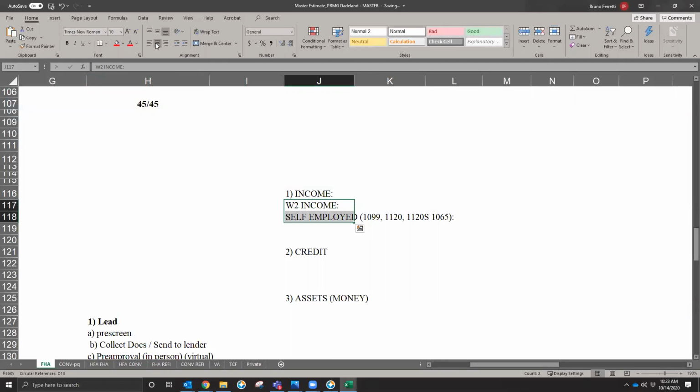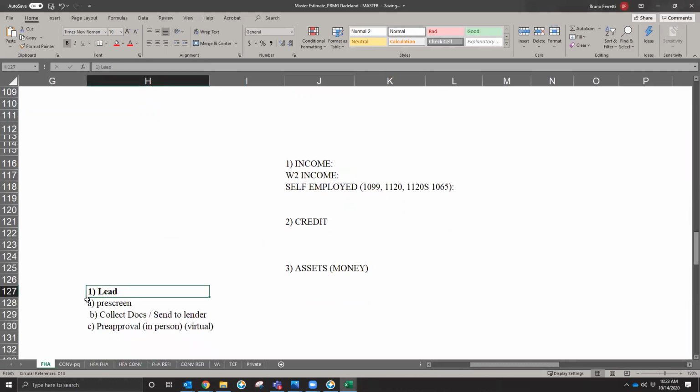What happens most of the time is somebody will, again, get the lead, skip the pre-screen, and then just send to lender. You're gonna send me the contact information of a client. I'm gonna be busy, probably with an appointment. I'll get to that text message or that call probably within an hour or 2.